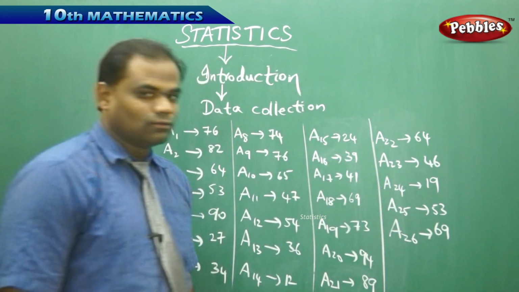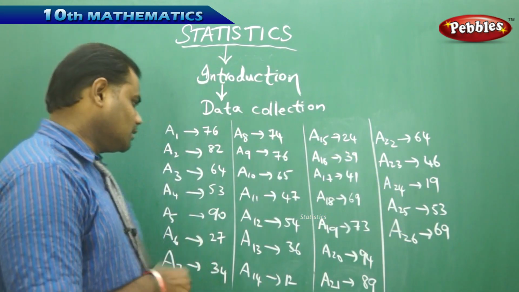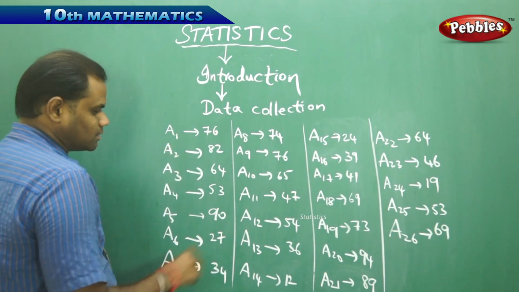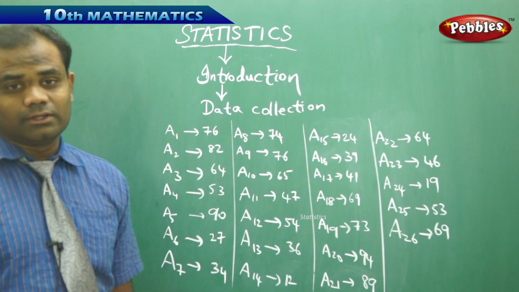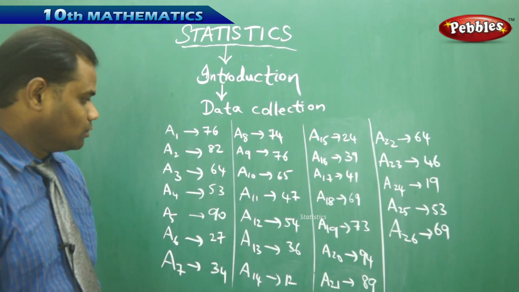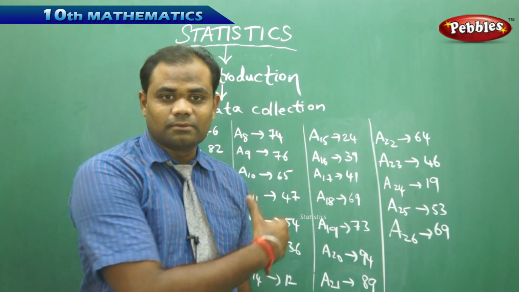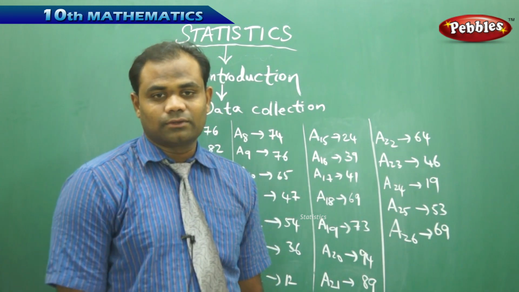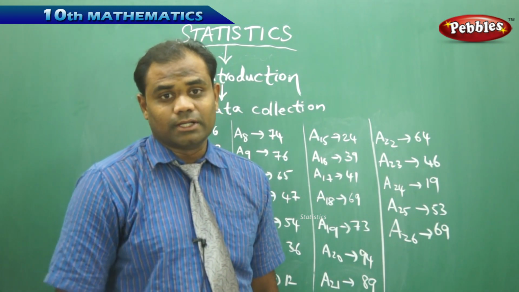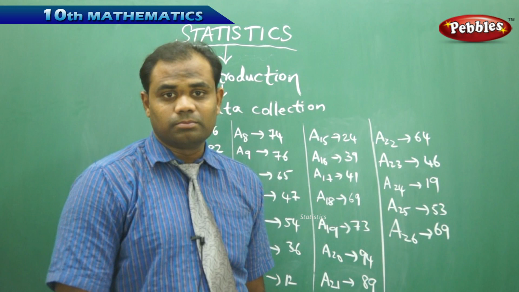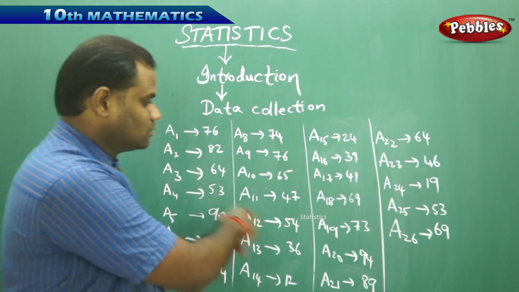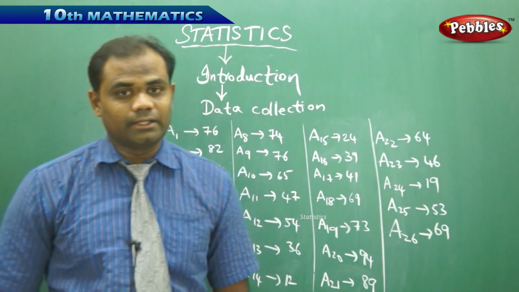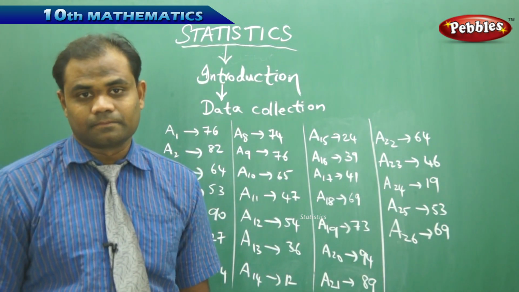Now I would like to convert this entire data of 26 students who got the marks in mathematics for their semester exam. So these 26 students who got different marks out of 100, I would like to convert this into a group data. So let's see how I can group the data by taking the students from student 1 to student number 26 and their respective marks in mathematics.